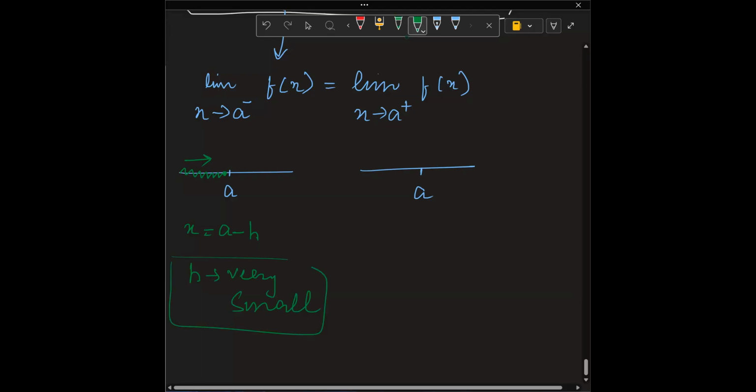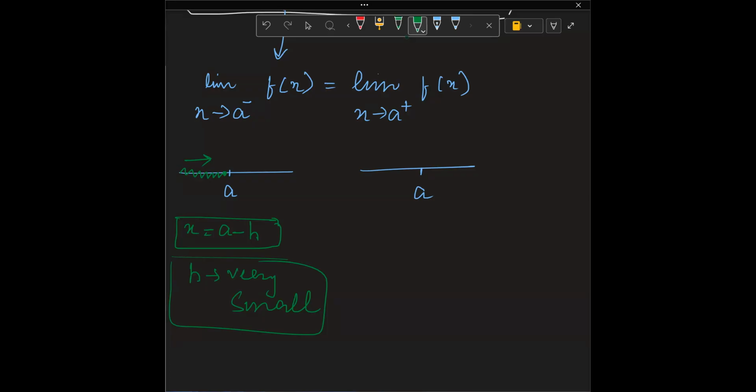Your x is just a few steps back from exactly a, just behind a on the left side.